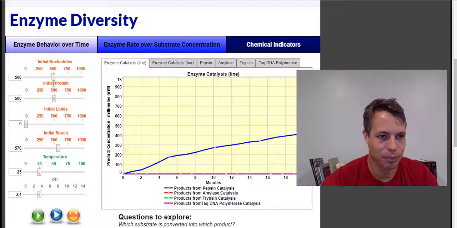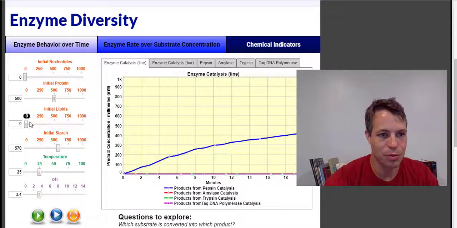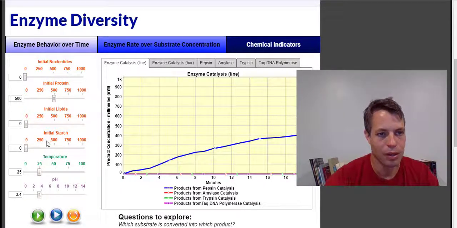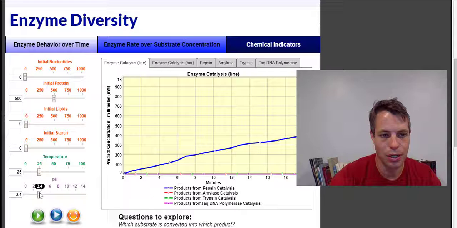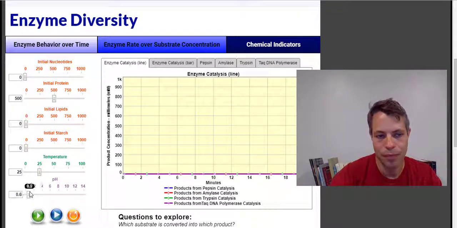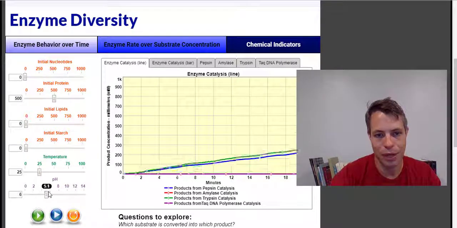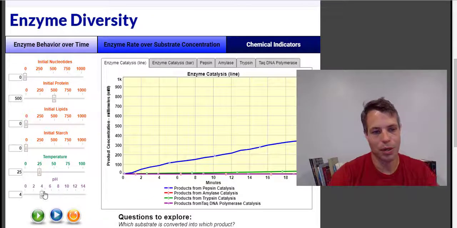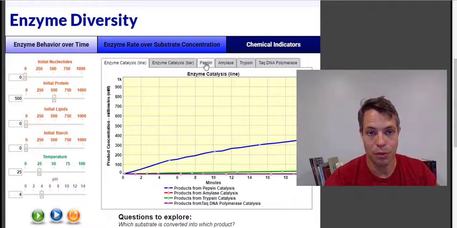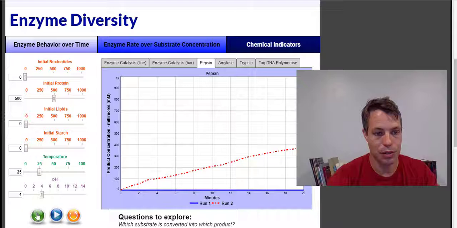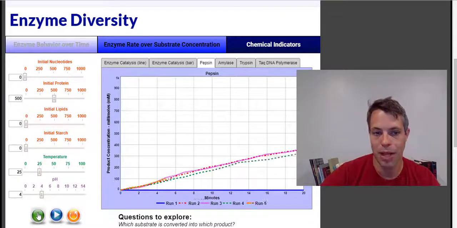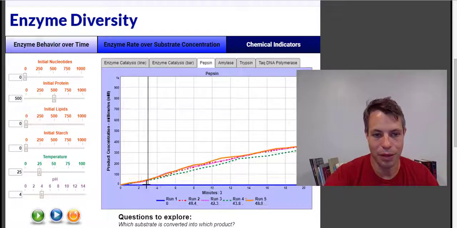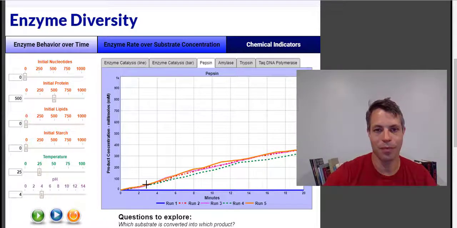For pepsin, we can drop all these nucleotides, lipids, and starch down, and go through and ask, what is its optimal pH? There are different ways to go about doing that, and you can manipulate and run experiments. One thing you can do is run experiment after experiment after experiment, and using that, we can then collect some of that data.